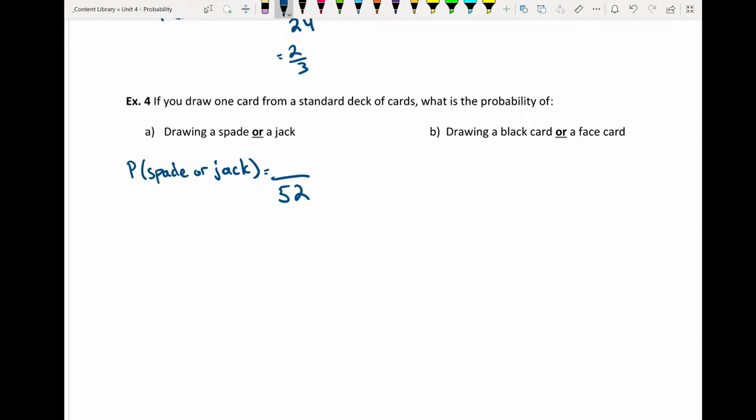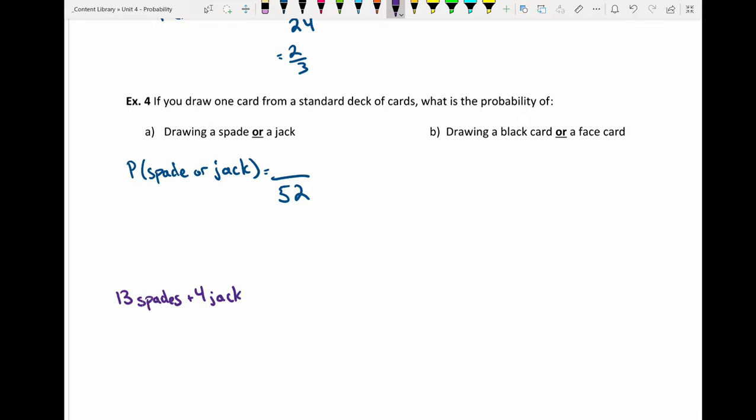Now, the next thing is, how many successful outcomes are there? And here's where we have to think a little bit differently. Thinking of spades, there are 13 spades in a deck, and there are 4 jacks.